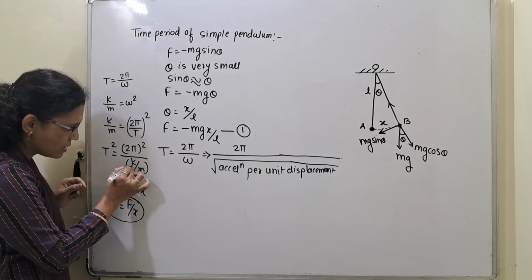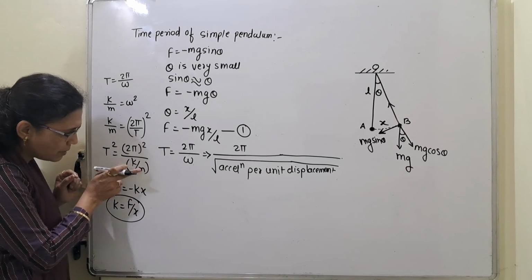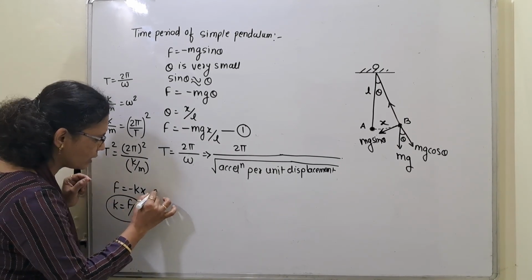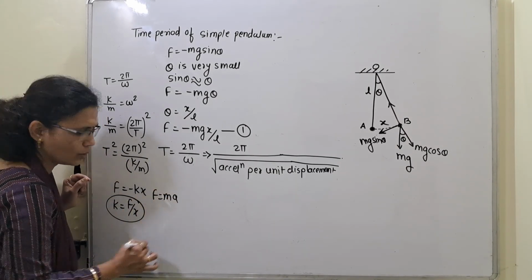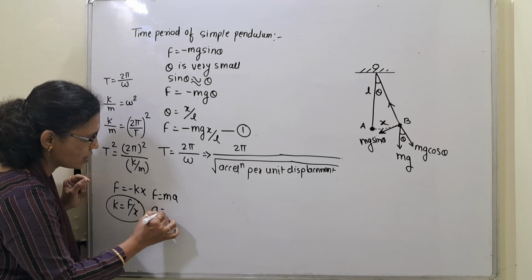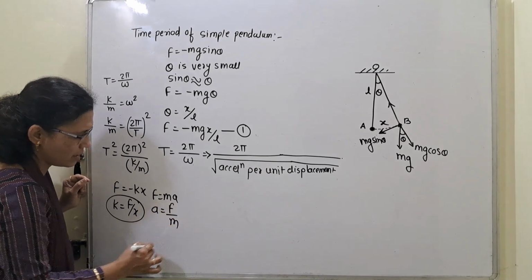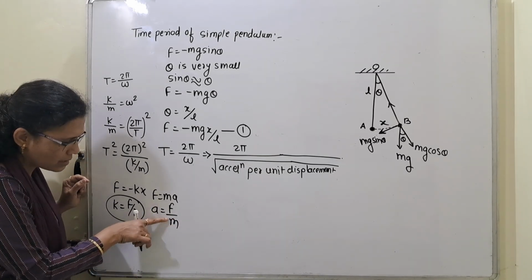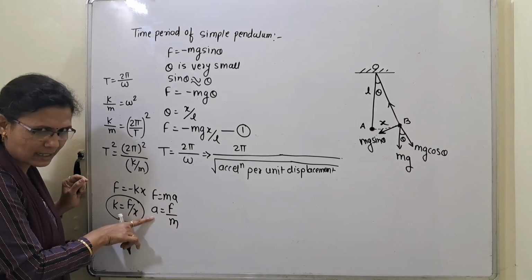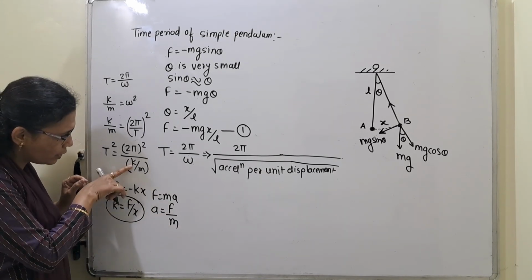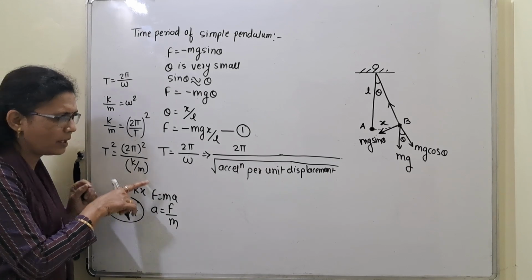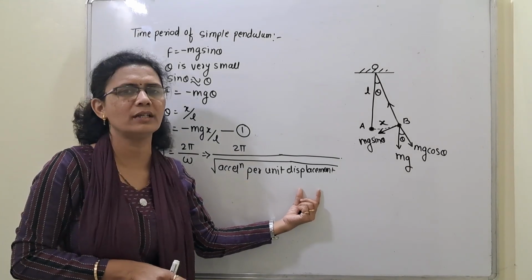Then this is force per unit displacement upon mass. And we know that F is equal to mass into acceleration, and acceleration will be force upon mass. Then force per unit displacement upon mass will be acceleration per unit displacement.